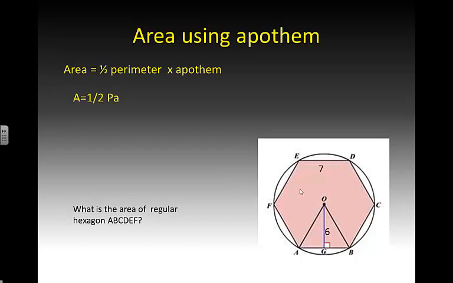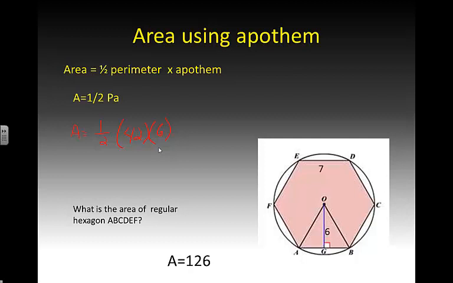On a regular polygon, I know that all the sides are going to be the same. So 7 times 6 is going to be 42. So I'm going to have A equals 1/2 of 42 times the apothem, which is 6. Go ahead, plug that into your calculator, and you should come up with around 126 for the area.